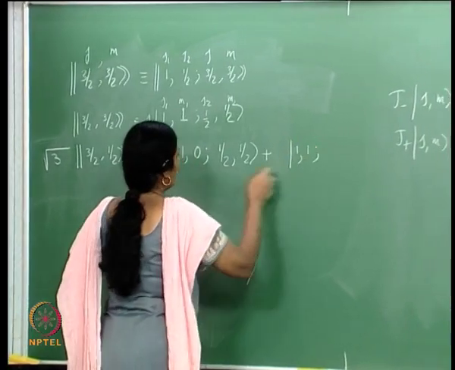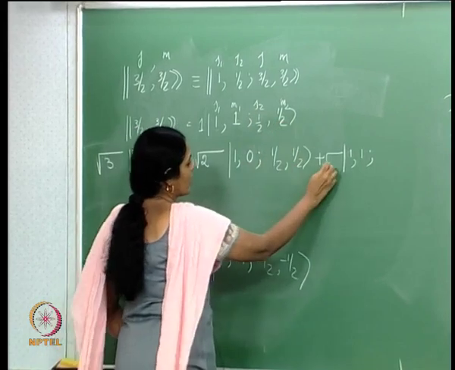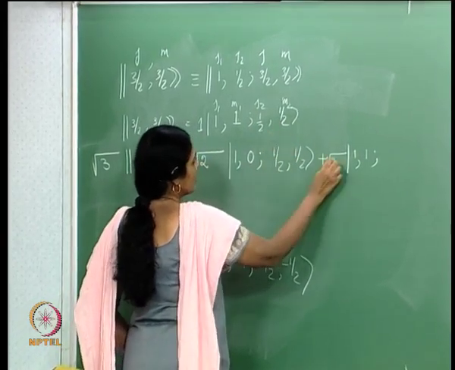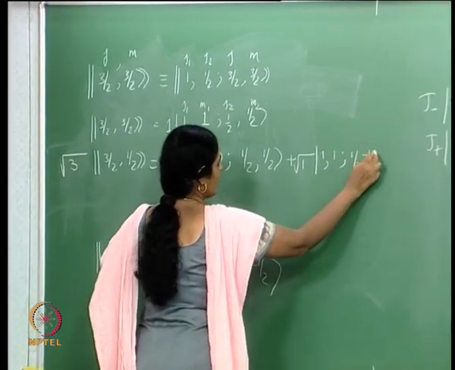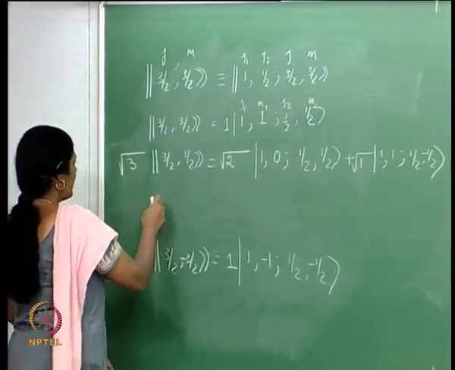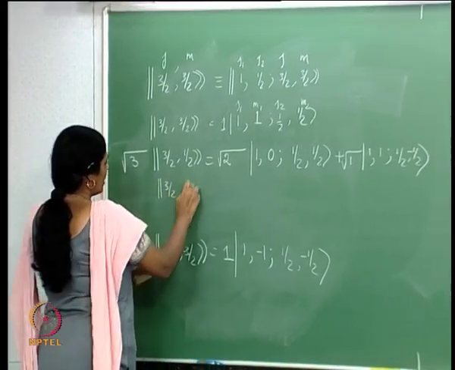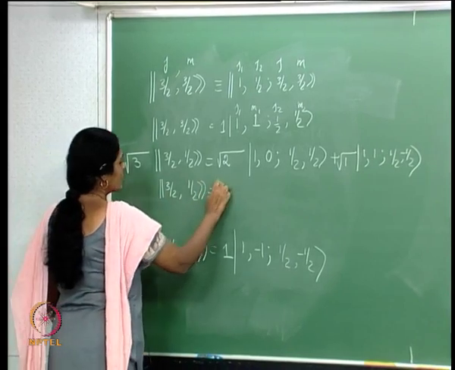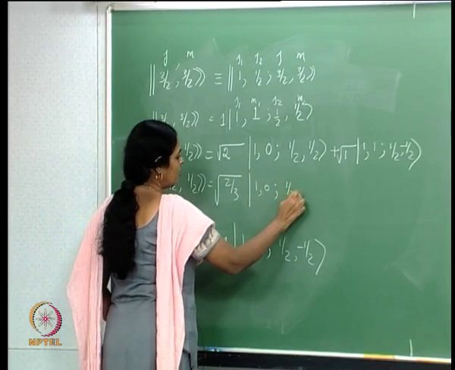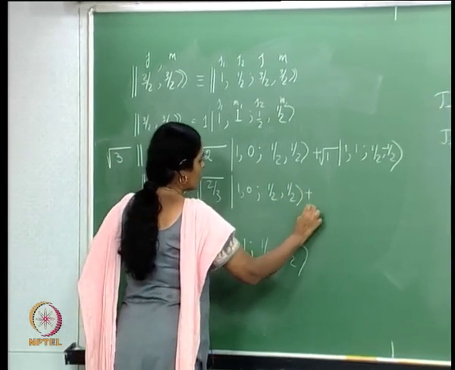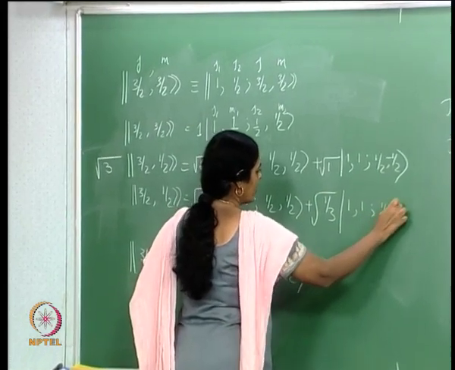So J1 and m1 do not change, and I pick up a coefficient root of J2 plus m2 times J2 minus m2 plus 1, and m2 gets reduced by 1. So I have this. In other words, I can write 3 by 2 half as the state root of 2/3 1 0 half half plus root of 1/3 1 1 half minus half.